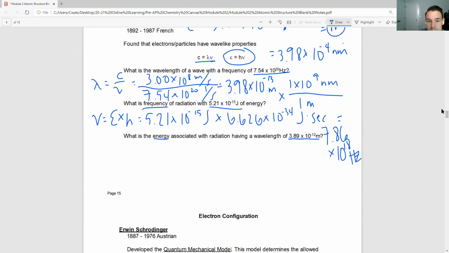You have to first plug in what you know into this first equation, solve for frequency, plug frequency into your second equation, solve for energy. So frequency equals c over lambda. Okay, so 3.00 times 10 to the 8th meters per second, divide that by the wavelength, which is in meters, so I can do this math. You just always want to make sure that your units are the same.